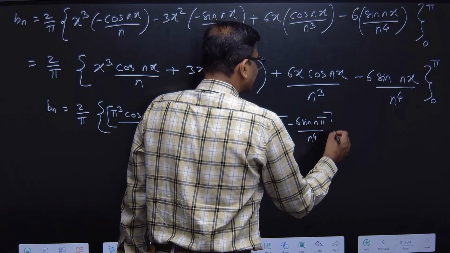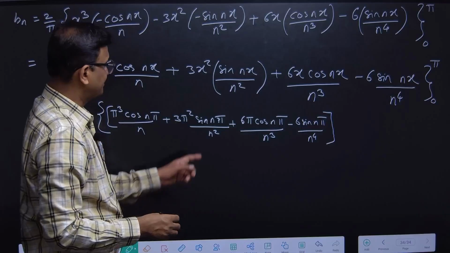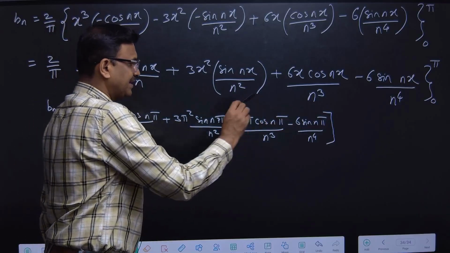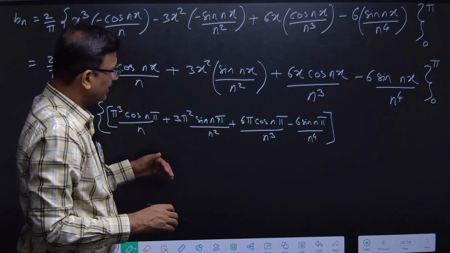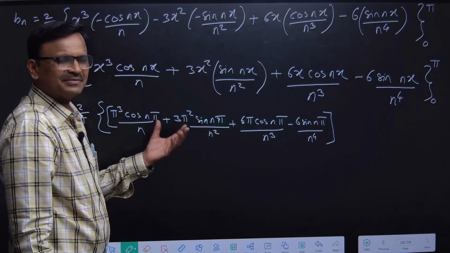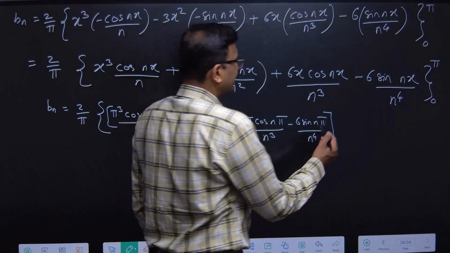See, the terms of sin n pi are directly going to become 0. This term of sin n pi will become 0. So in exam, you may skip some steps, directly you may write 0 here, minus the lower limit.